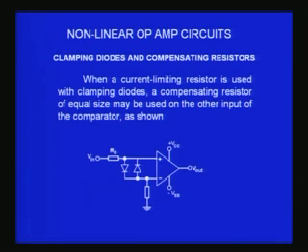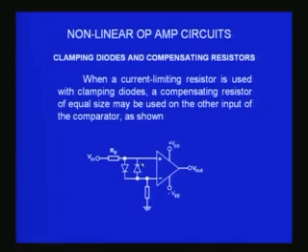Therefore, we would try as much as possible to make the two input terminals equal in voltage before I apply an external input voltage. To do that, in this circuit, if you see on the screen, I have again used the two diodes in opposition, plus I have used a resistor between the inverting terminal and the ground. This resistor takes care of the input bias current differences between these two.